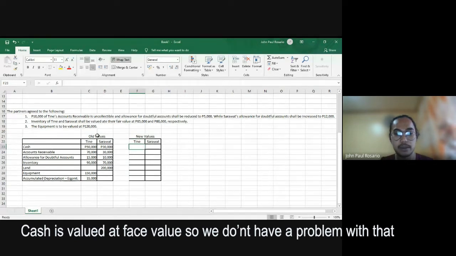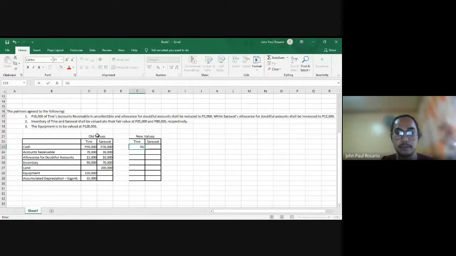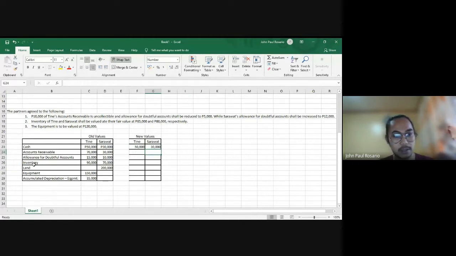So, no problem with that. Let's just remove muna the peso sign kay para we can sum it up later on. So 50,000 and 30,000. Again, cash is measured at face value. Now, for accounts receivable naman, cash, accounts receivable, inventory, land, equipment are non-cash assets.